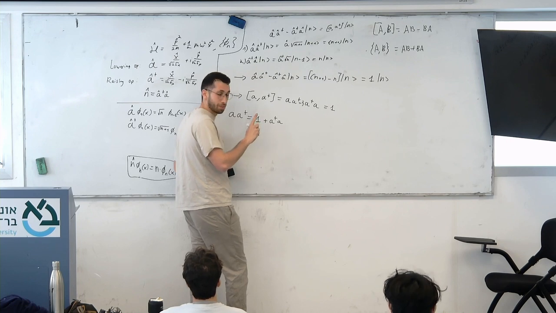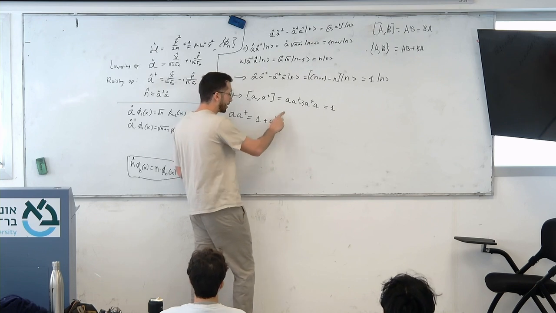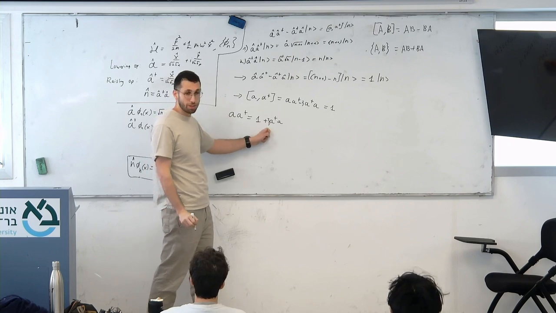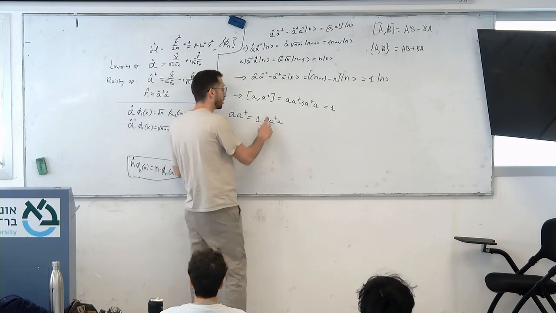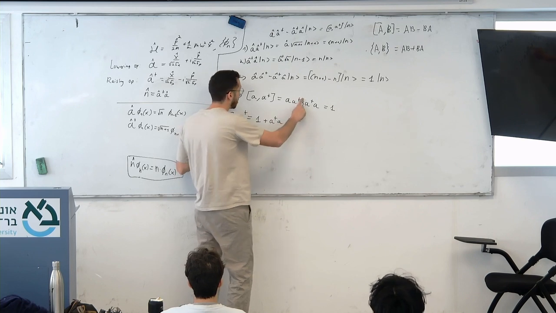But I'm not sure which one is which. Basically you're going to have here a factor which depends on whether it is bosons or fermions, and it's going to be either plus or minus 1. I think it's plus 1 for fermions, minus 1 for bosons.